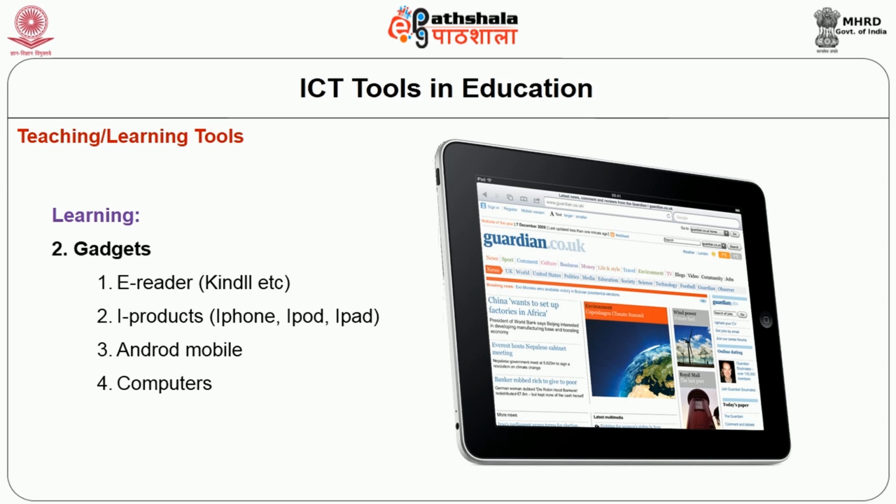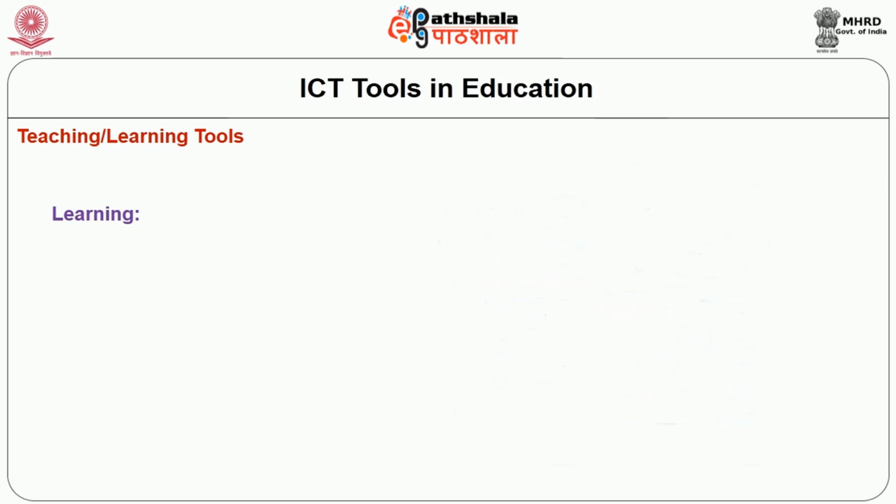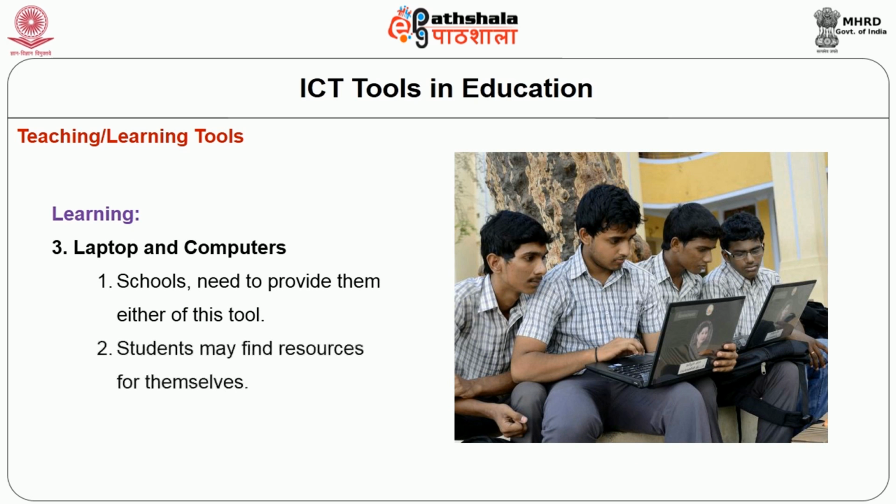Android Mobile is a mobile with the Android operating system, which is found on a variety of modern devices. It is the most popular smartphone. Computers, an electronic device that stores and manipulates information. Laptop. A laptop is a computer that is portable and suitable for use while traveling.